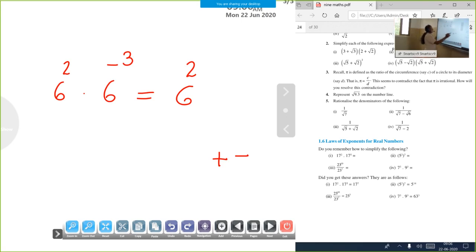Actually, the step is 6 raised to 2 plus minus 3; we need to write only one sign. So, what is our answer? 6 raised to 2 minus 3, according to the integer rule, plus 2 minus 3. What is plus 2 minus 3? 6 raised to minus 1. So, same base, if it is multiplication, add the powers.